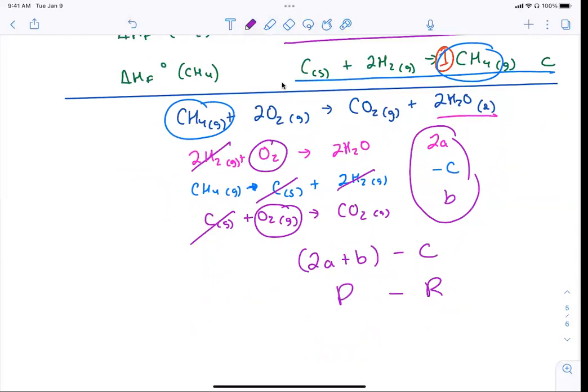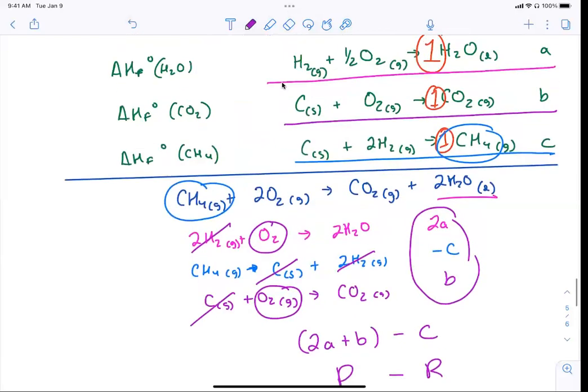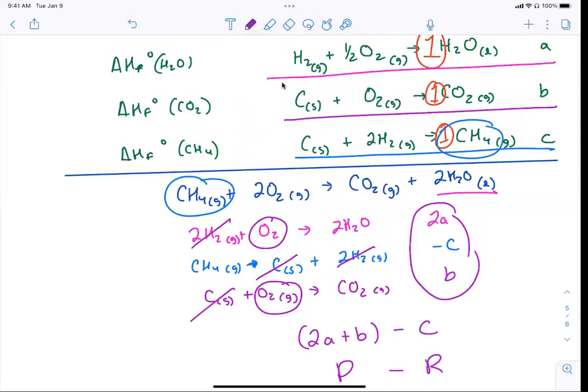Camilla, all enthalpies of formation form molecules, right? And those molecules end up in this reaction somewhere.